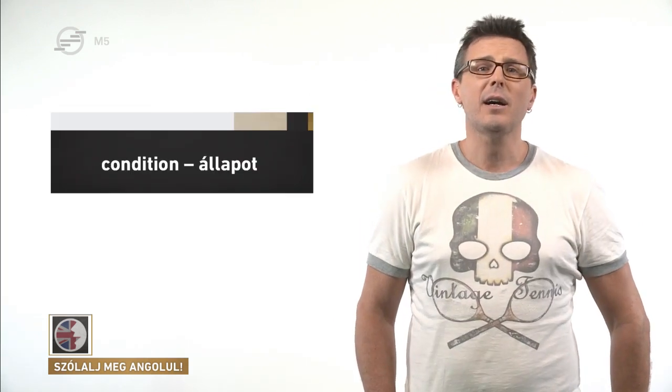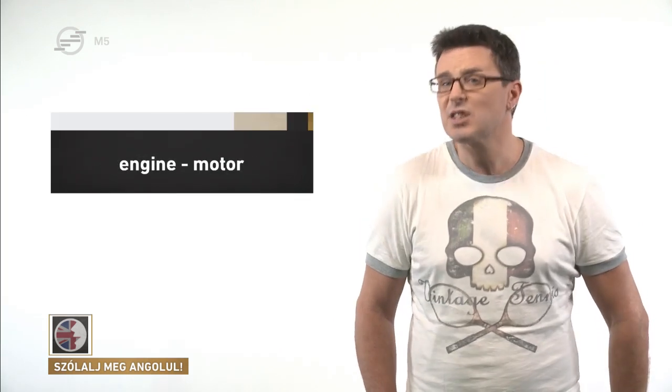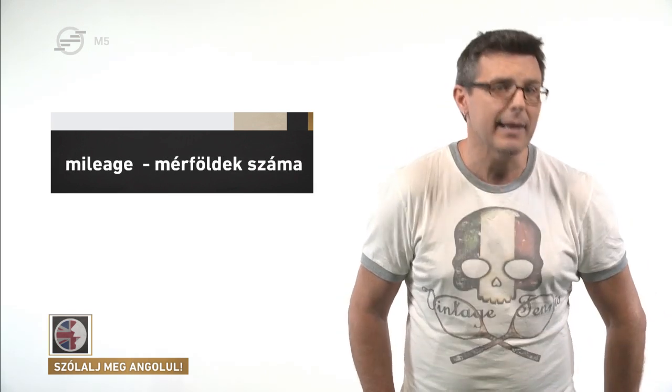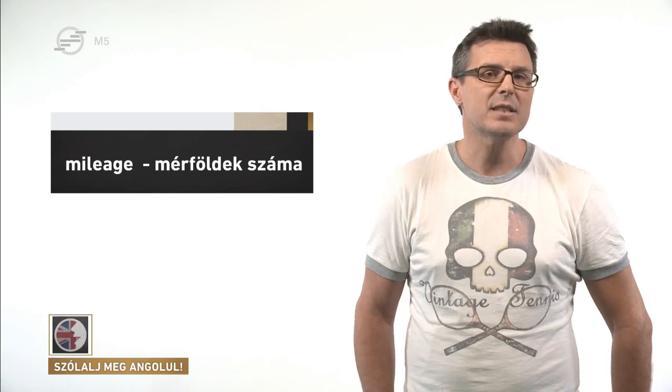So, when I write the advert about the car, I only put relevant information in the advert. I tell people about the condition of the car, I tell people about the size of the engine, I tell people about the car's mileage. All of these things are relevant. This is relevant information about the car.